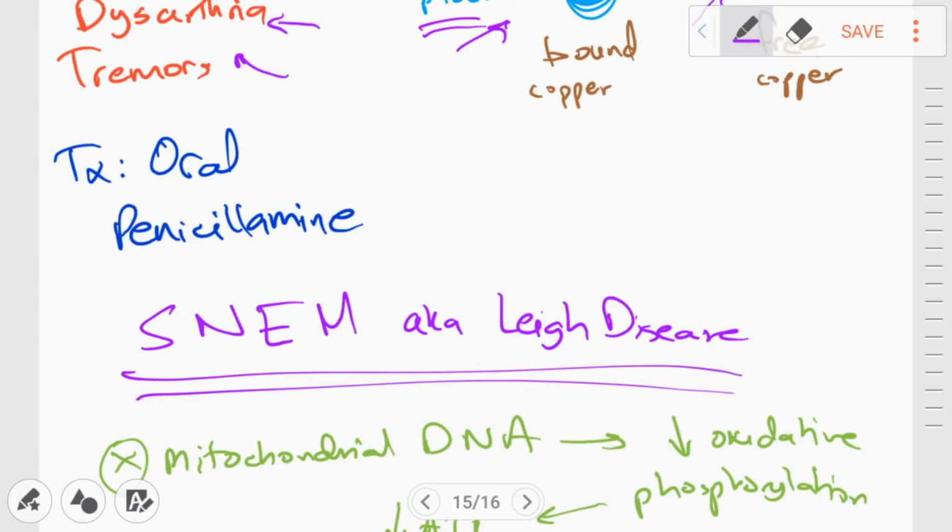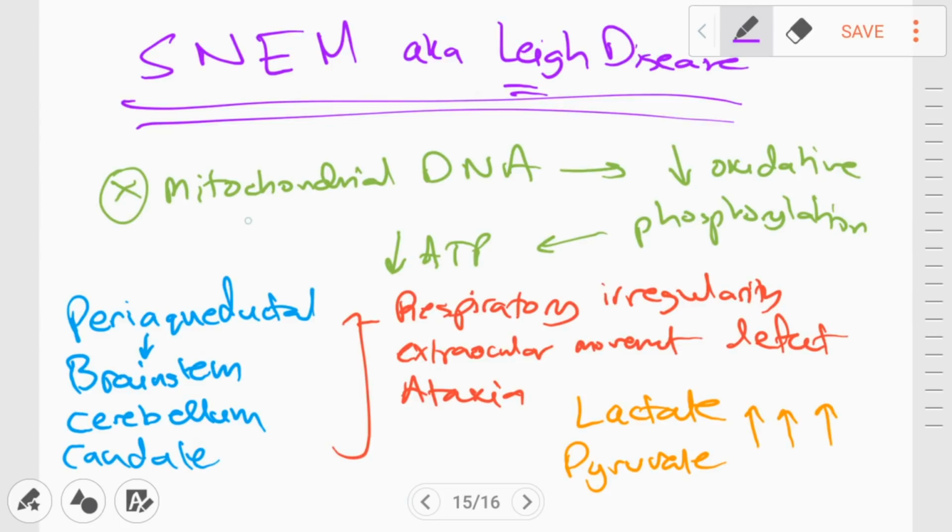And the treatment for Wilson disease is something called oral penicillamine. The function of oral penicillamine is similar to the normal function of ceruloplasmin. So what oral penicillamine does is it binds to copper and it stops it from depositing all over, just like ceruloplasmin would.